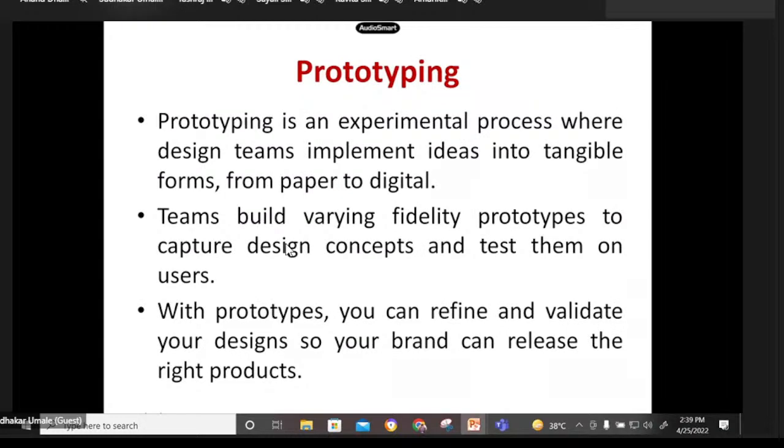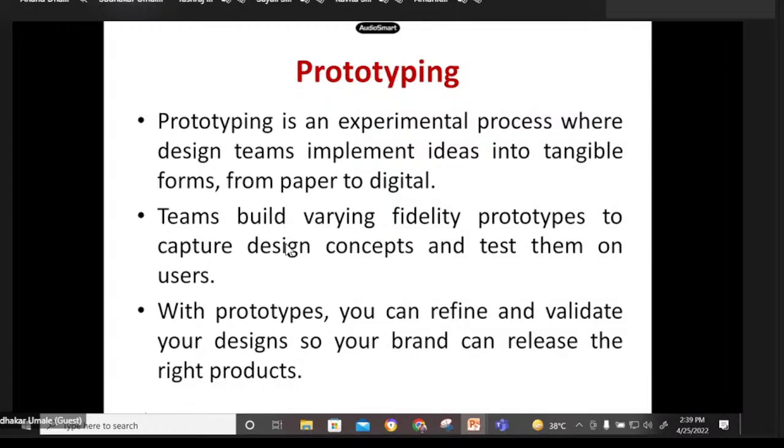Prototyping is very important. Prototyping is an experimental process where design teams implement ideas into tangible forms, from paper to digital. What is exactly prototyping? Always thoughts. Thoughts have three ways.